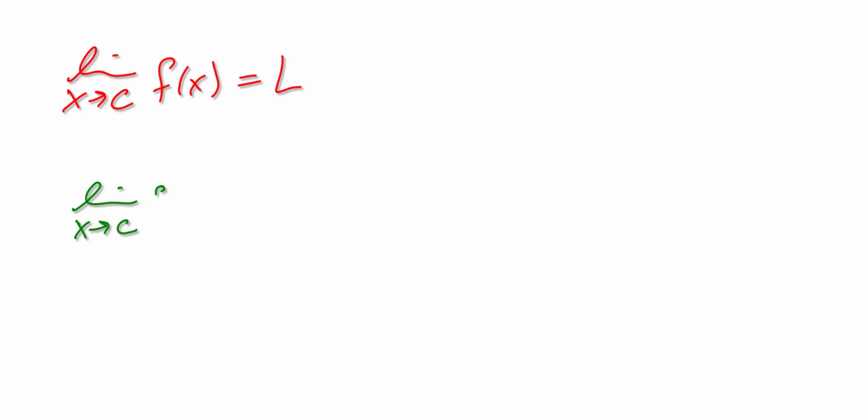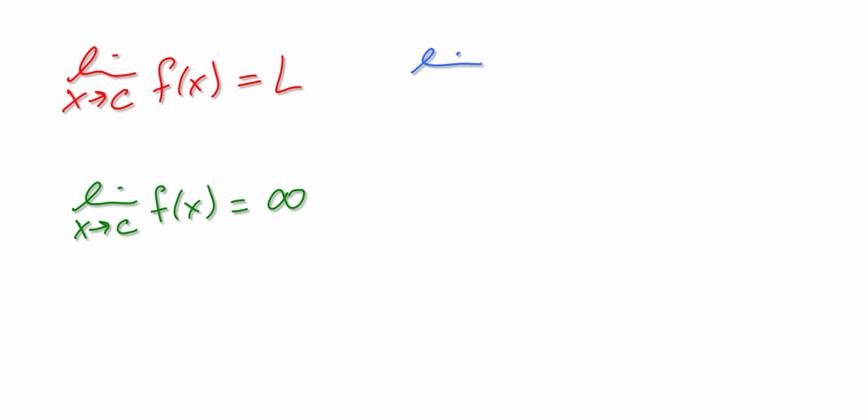In the previous lesson, we talked about limits as x approaches c of f of x equals L. X is approaching a finite value and we have a finite limit. At the beginning of this lesson, we considered what happens when x approaches a finite value, yet we have an infinite limit.